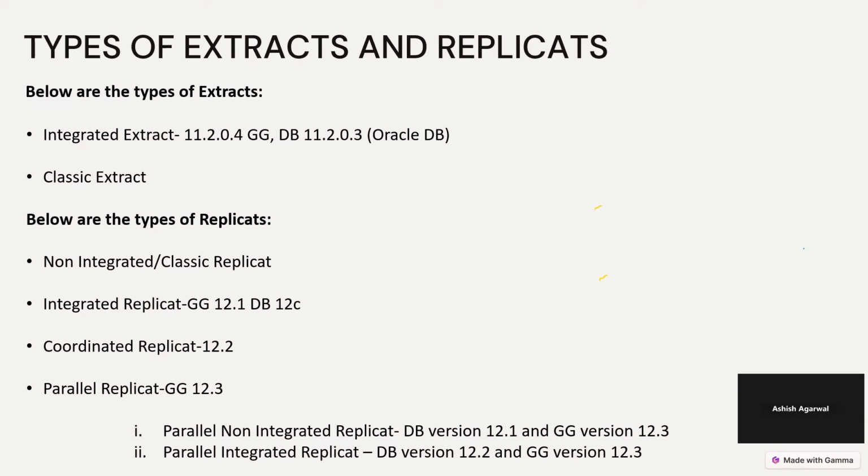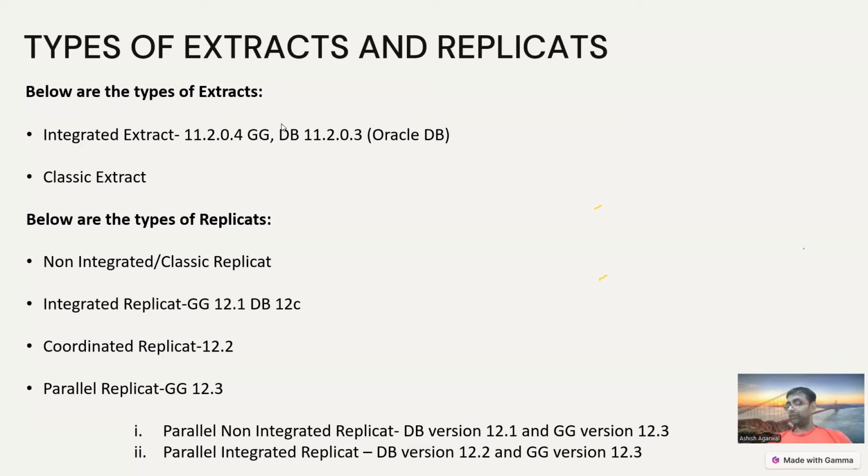Different types of replicats are non-integrated or classic replicat, and integrated replicat. Initially, when GoldenGate was introduced, there was only one extract and one replicat, simply called extract and replicat.